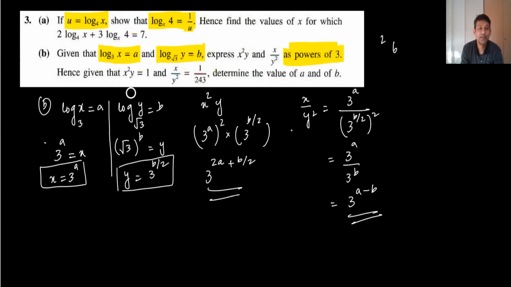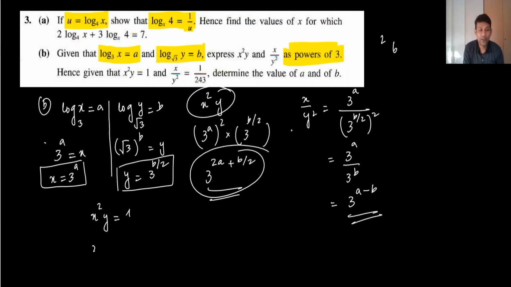So hence, x squared y is equal to 1. We got the value of x squared y equal to this. We can write 3 power (2a plus b upon 2) is equal to 1. This is the first condition.